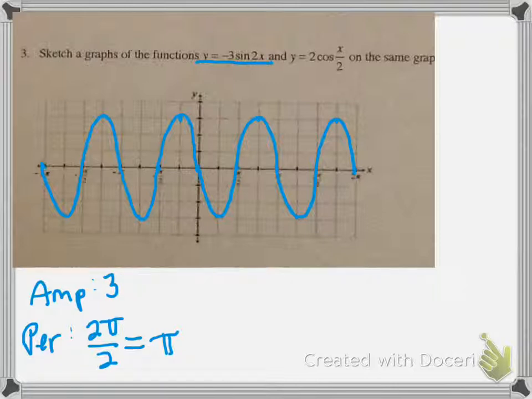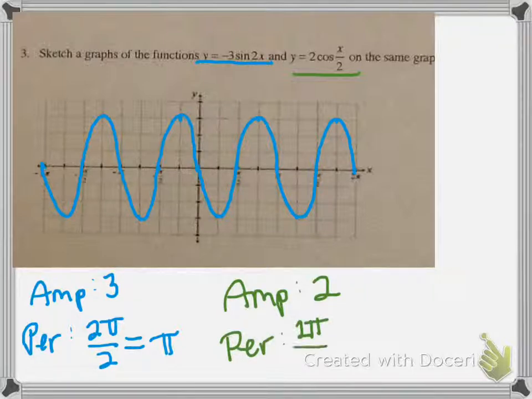The other graph, let's do this one here in green, has an amplitude of 2 and it has a period of 2 pi divided by 1/2, which would simplify to 4 pi. So it's a cosine graph.